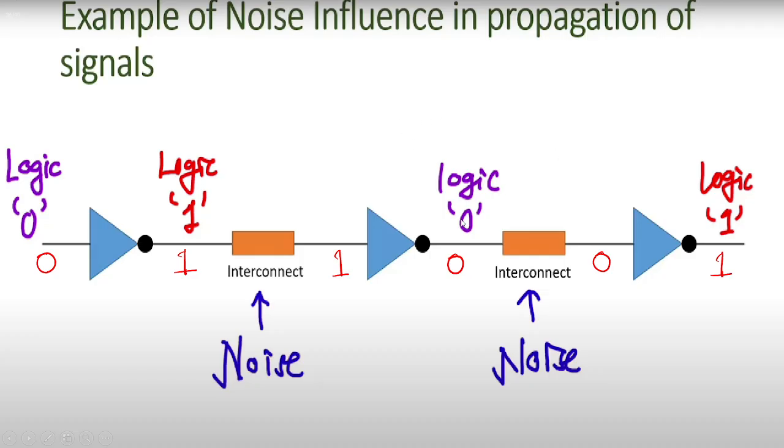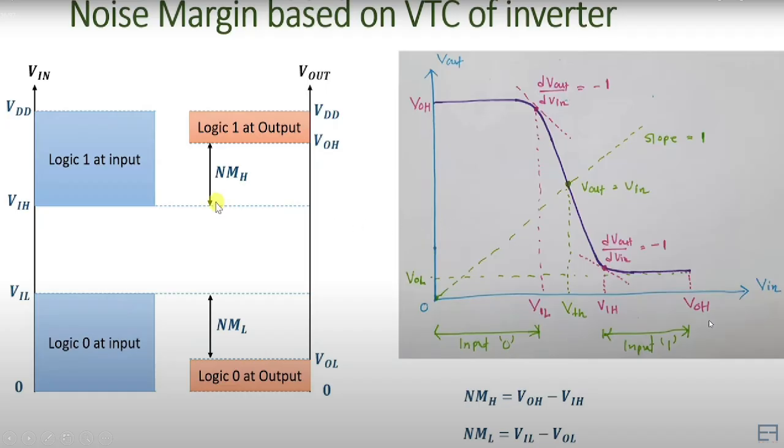As I told you, I drew the noise margin low and noise margin high. This is the noise margin low, which we can call NML, and this is NMH.